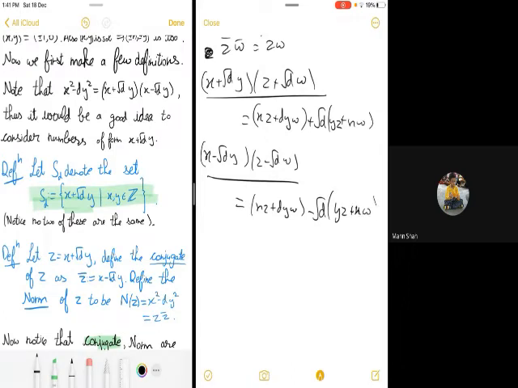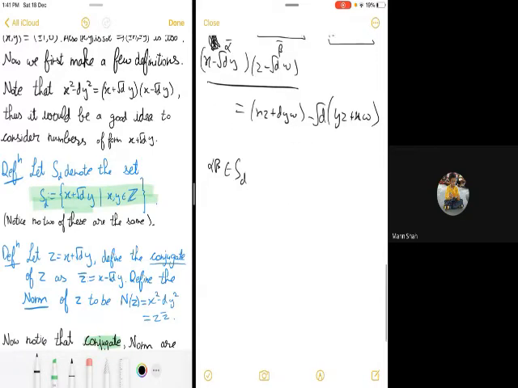Let this be alpha and this be beta. Then this is alpha conjugate, this is beta conjugate. So we have that alpha beta also belongs to S_d because it has this representation, and hence it has a unique such representation.